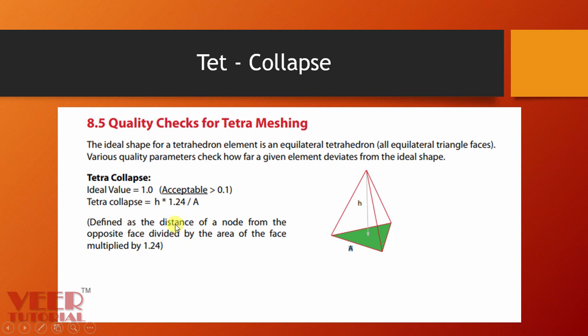So it is defined as the distance of a node, this is the node, from the opposite face, this is the opposite face, divided by the area of that face. This green color is the area multiplied by 1.24. So by this formula, TAT collapse is checked. Generally a value greater than 0.1 is acceptable. In this analysis we are considering 0.3 as an acceptable value.